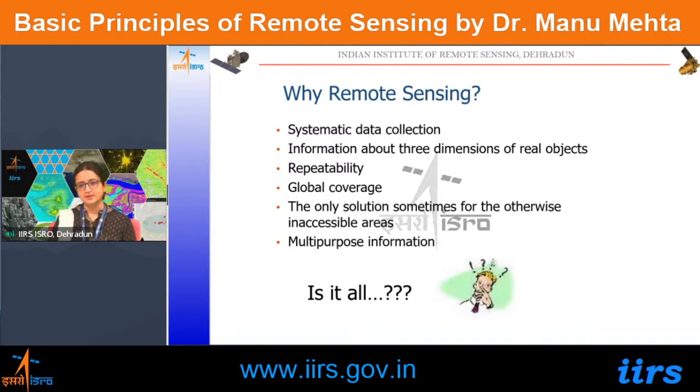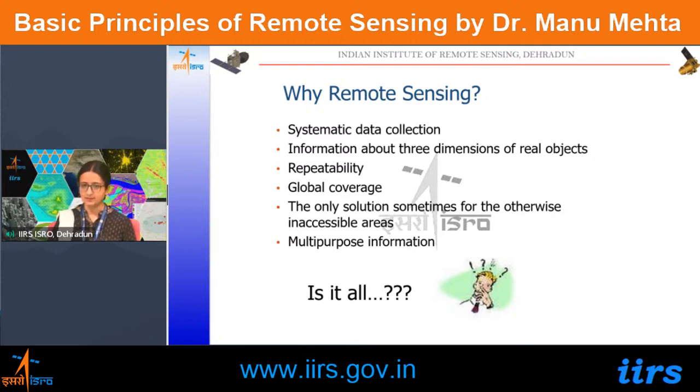Then sometimes it is the only solution for inaccessible areas. Let's say if there is a volcano eruption or if there is any disaster, sometimes this is the only solution left with us. And then, of course, the same information can be interpreted differently by different groups of people, different application specialists like water resources, urban studies, or forestry, or geosciences, etc.